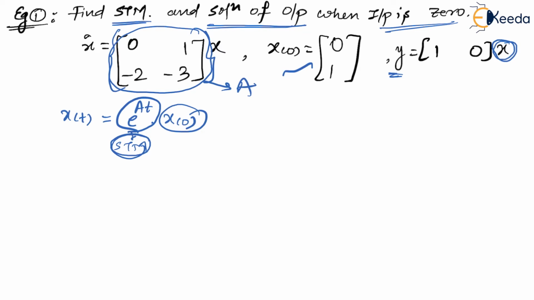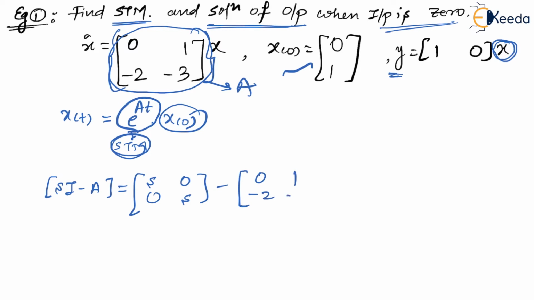Anyways, let us do that. See here, (sI minus A) inverse. Let me think of sI minus A first. What is s into I? It is nothing but s 0, 0 s. What is minus A? A is 0 1, minus 2 minus 3.